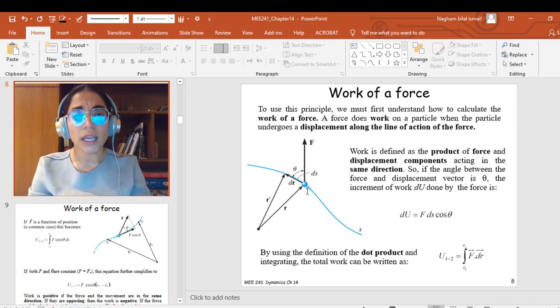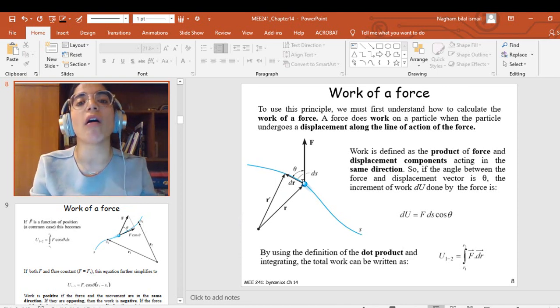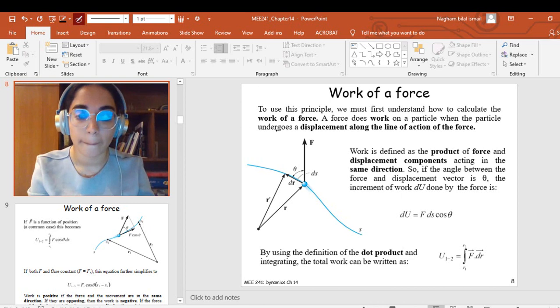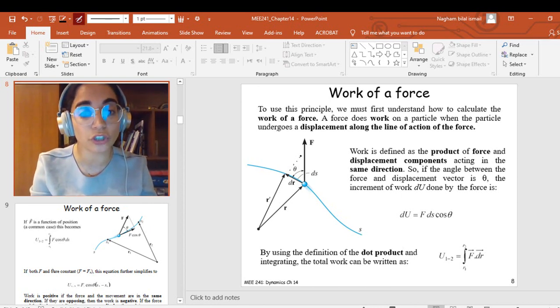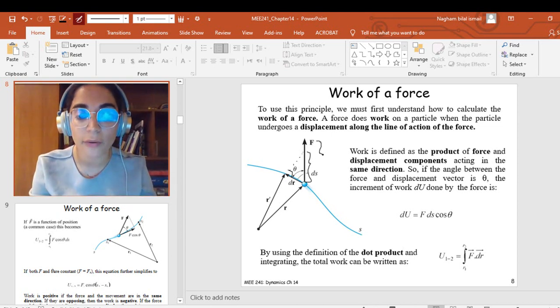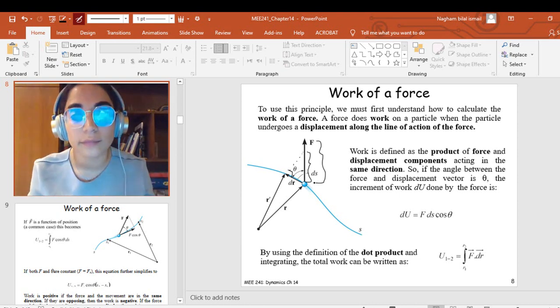Alright, if I do the projection of dr or of ds on F, how to do the projection? Of course, take a perpendicular line. Then this projection here times the force F will be equal to my work.